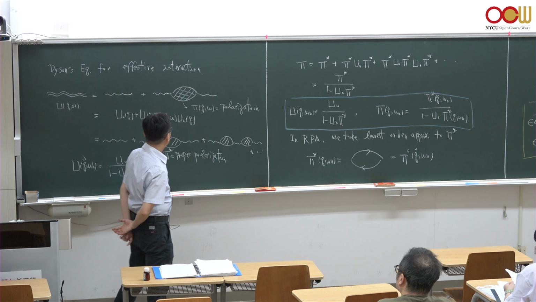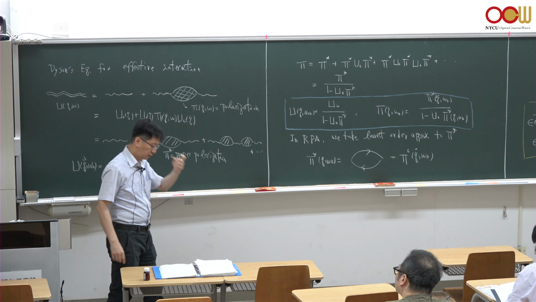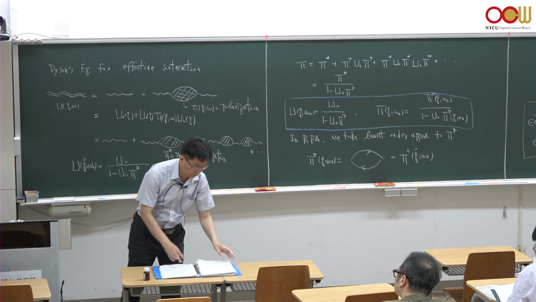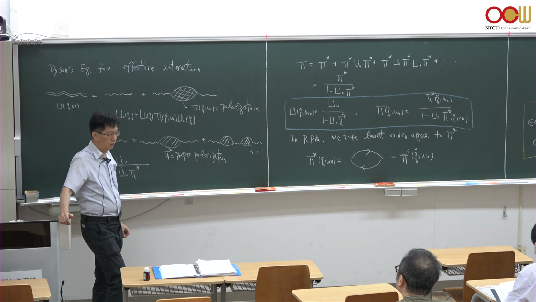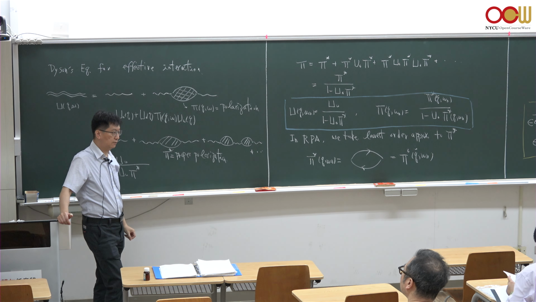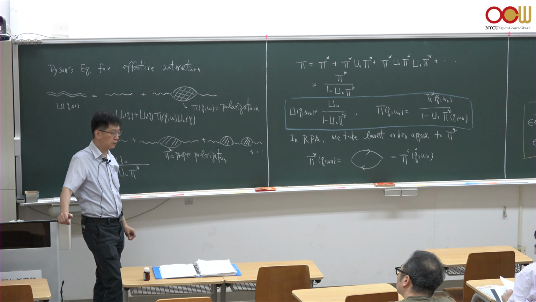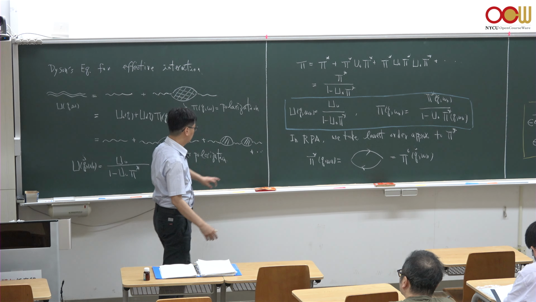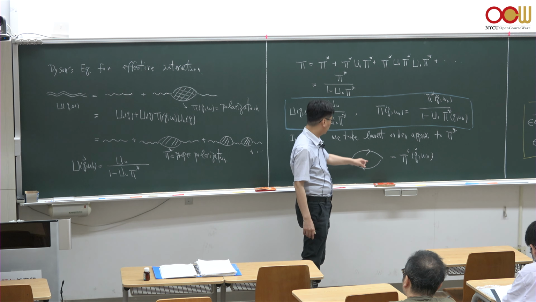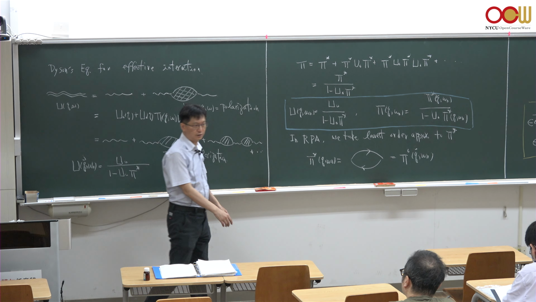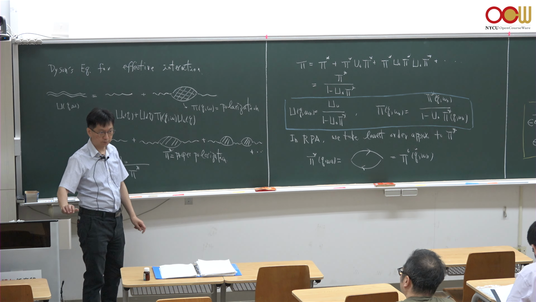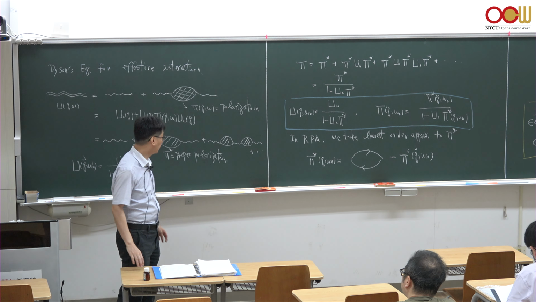Of course, this kind of formulation is appropriate for describing metals mostly. For a semiconductor, you may have a different type of excitation, such as an exciton. You should replace this particle-hole pair by some other diagrams in different systems, but the general principle is the same.